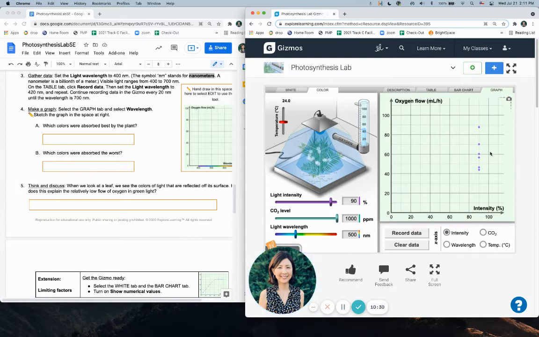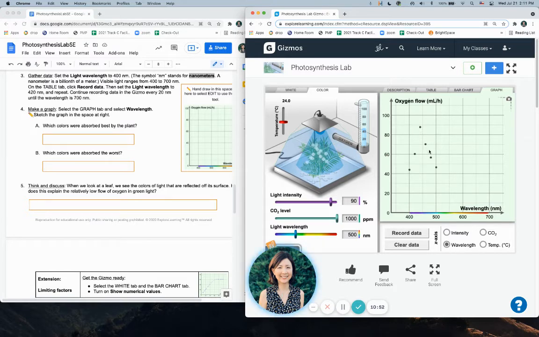And then we're going to hit wavelength. So you can see that there's a lot of oxygen being produced here, but as we get closer to this wavelength, oxygen is not being produced as much.